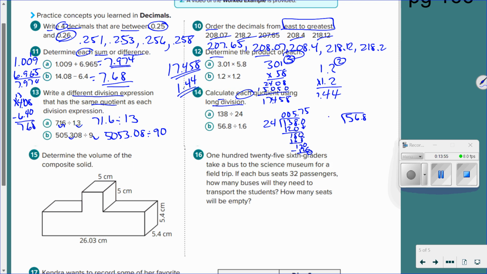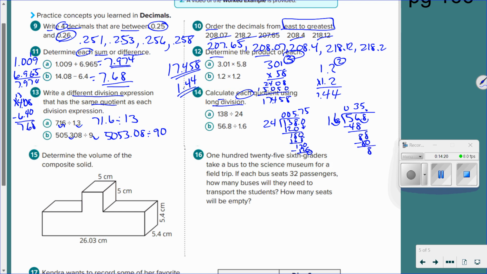56 8/10 divided by 1 6/10. I have to move my decimal once in each. So my decimal is now up here in my answer. 16 won't go into 5, goes into 56 3 times. Subtract 48. Gives me 88. Goes into 88 5 times. Subtract gives me 80.